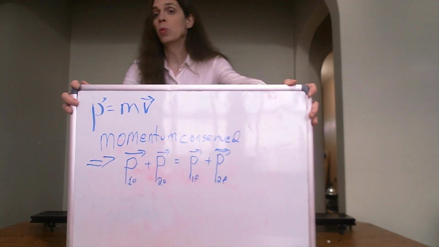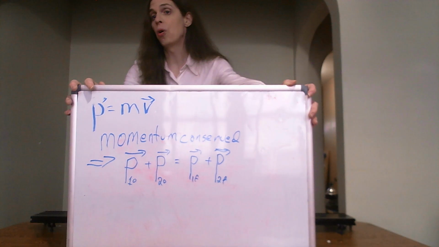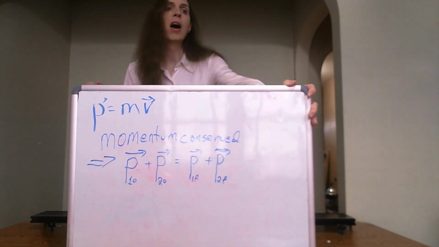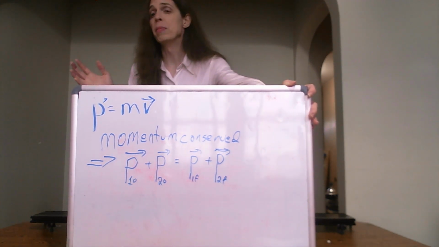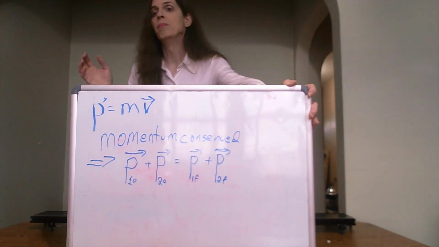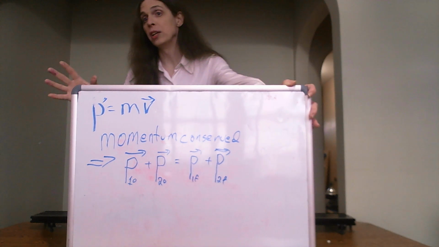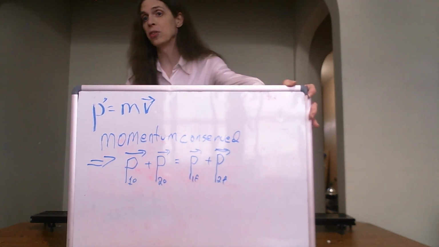And with momentum, with any of the conservation laws, the total amount of the thing remains the same regardless of any other changes that may take place. So you can total it up before those changes, and then you can total it up again after those changes. They'll be the same value.